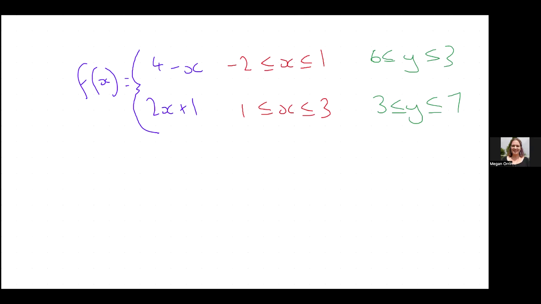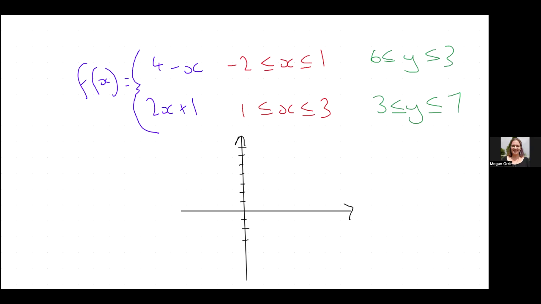Now what I can do is graph this. So 1, 2, 3, 4, 5, 6, 7. We need to go all the way up to 7.